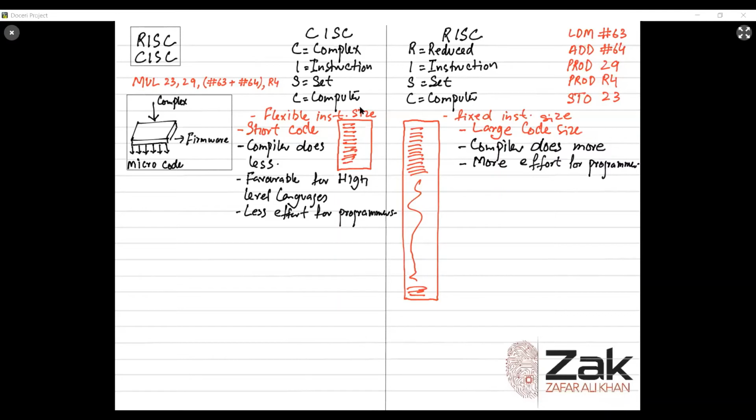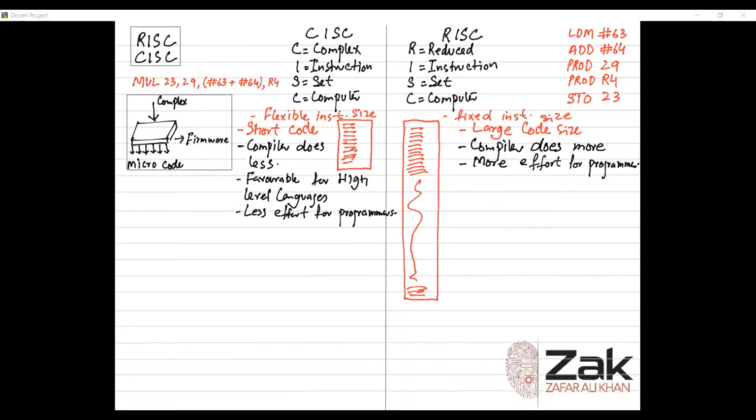Then whatever we write is short code over here, and over here whatever we write is larger code. We also discussed it. Over here the compiler does less, because all the compiler does is convert this complex instruction to the binary form, which is still complex. Then the processor. Every processor has a firmware. Now what is firmware?